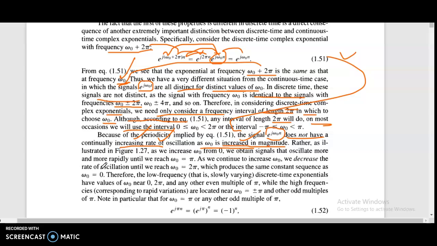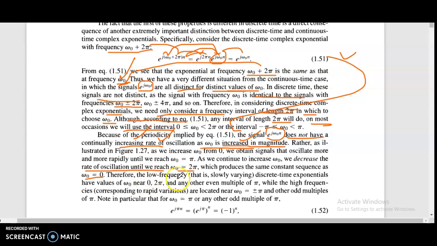The cycle is only 2 pi long, either minus pi to plus pi, or 0 to 2 pi.